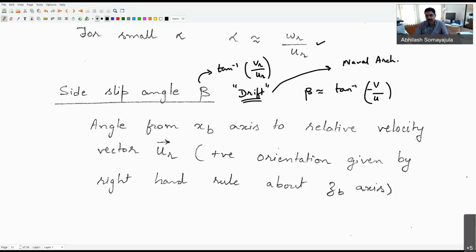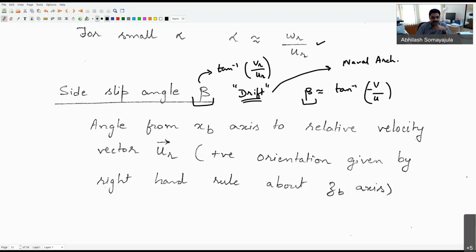But when we are talking about guidance and control, and more about the dynamics and how to control it, it makes much more sense to talk in terms of the side slip angle beta. The basic confusion comes from the fact that both are named beta, and sometimes that causes a lot of confusion.